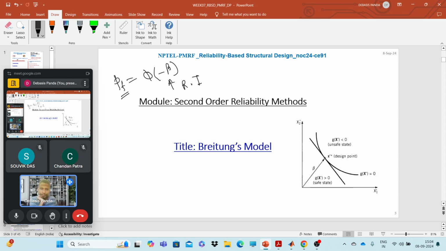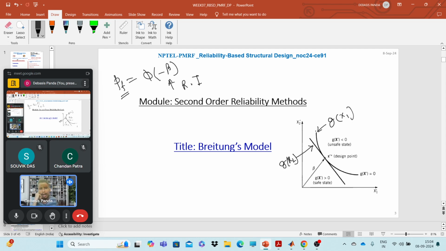Now the thing is, consider that we have two limit states. One is nonlinear, say for example g of x1, a nonlinear limit state, and we have another limit state, g of x2, which is perfectly linear.